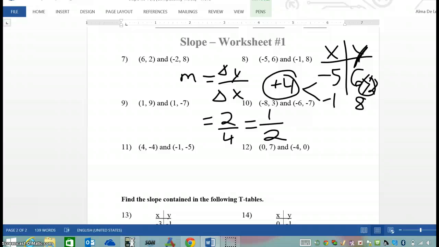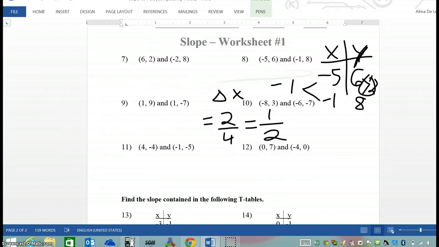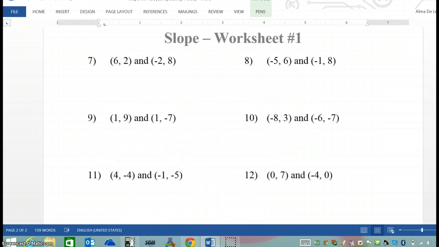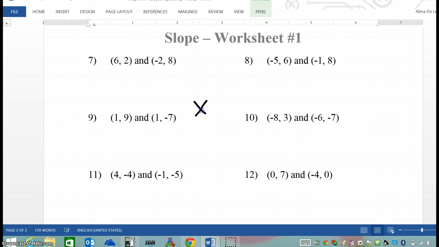There is one problem, problem number 9, that is a bit different. In problem number 9, we're given 2 points. So we do start by making ourselves a table. We have x and y, and I'm given 1 and 9, as well as 1 and -7.